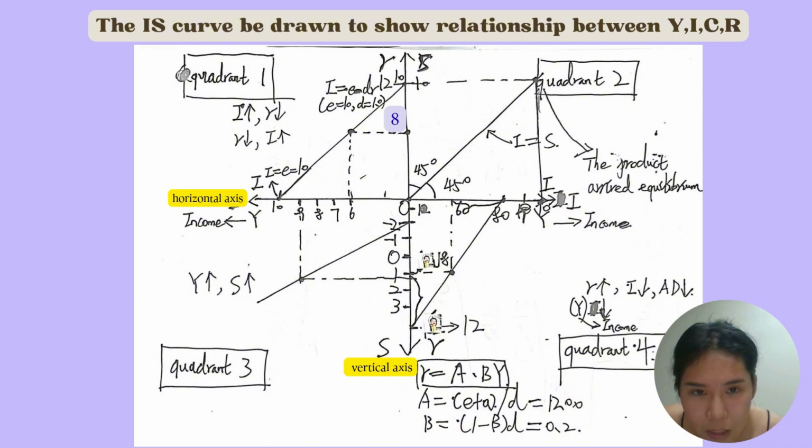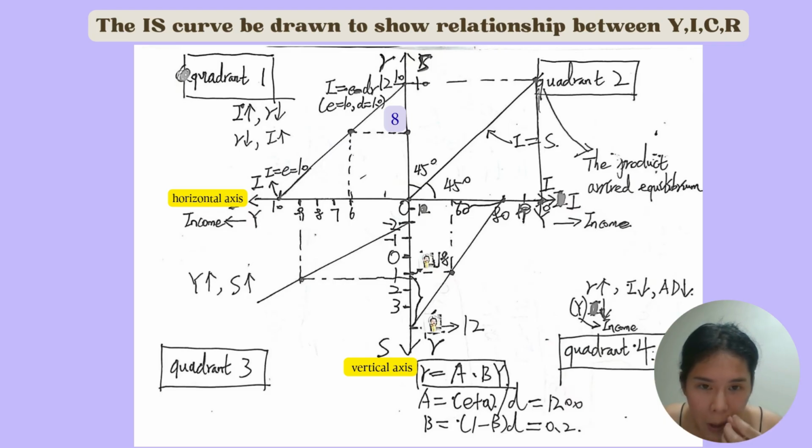Let's look at quadrant 2. First look at the vertical axis. This S represents our saving. Sorry, I forgot to write it in this place. This is the relationship between saving and income, and this is the equilibrium point between these two terms.